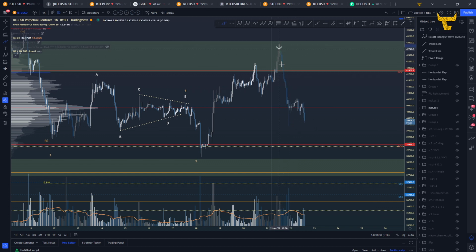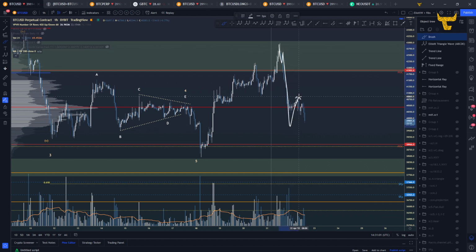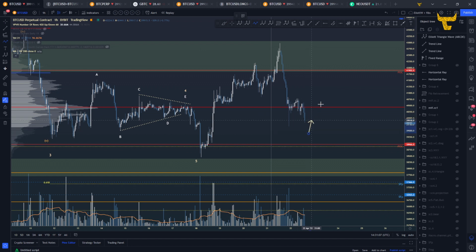I believe we will have a 1-2 somewhere and 3 for unwinding the 5 here, which means we still have potential for a nice long.